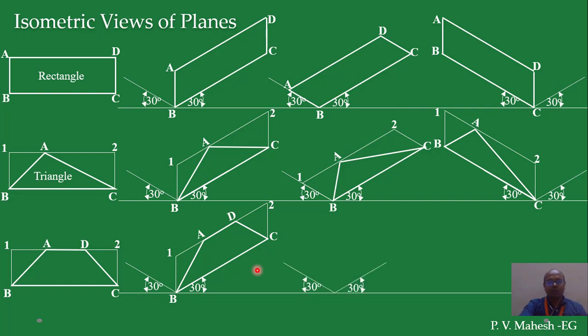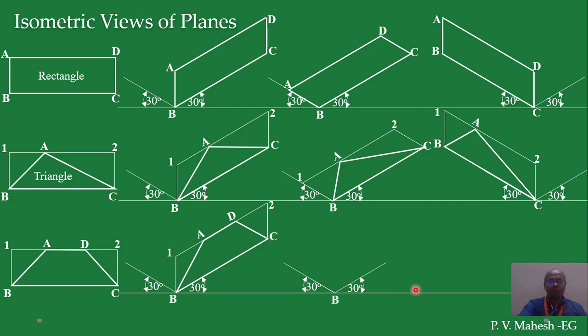Similarly, if I want to draw in the top view, the important thing to remember is that in top view you have only 30-degree lines on this side and 30-degree lines on this side. In front view or side view you have 30-degree lines and 90-degree lines. That is the one important point we have to remember.